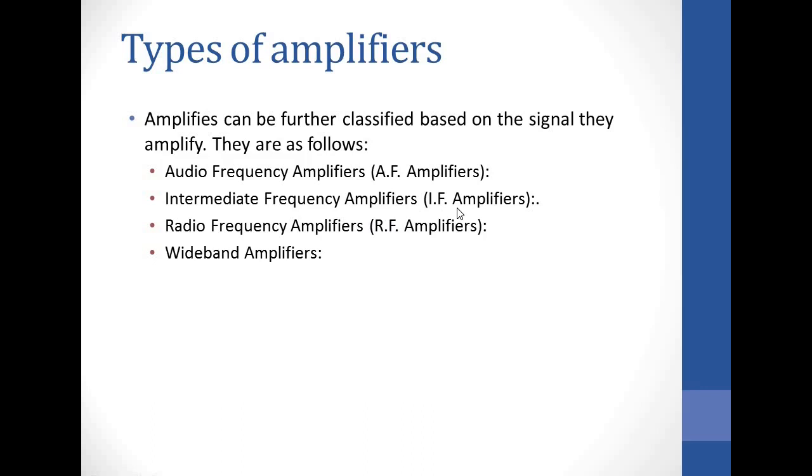So an audio frequency amplifier can only amplify audio frequencies. An intermediate amplifier can only amplify intermediate frequency, and then a radio frequency amplifier can only amplify a certain range of radio frequencies, sorry. Then we've got a wideband amplifier.